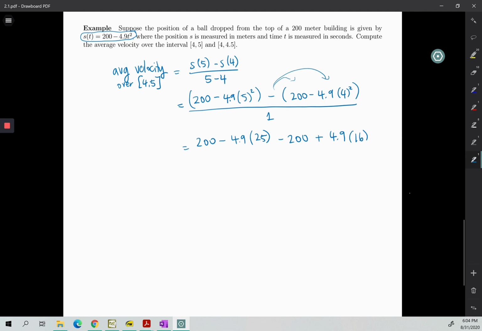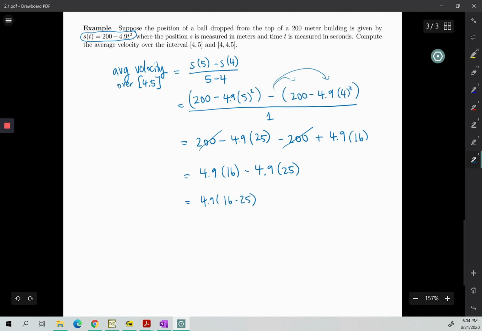So I get this. And then this was over 1, so I can just write this without the denominator. Okay, now these 200s will cancel, and I will be left with, I'll write this one first, 4.9 times 16 minus 4.9 times 25, and then I can simplify a little bit further, so 16 minus 25.